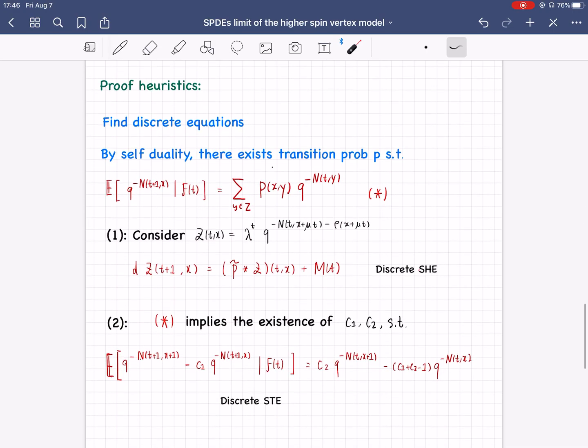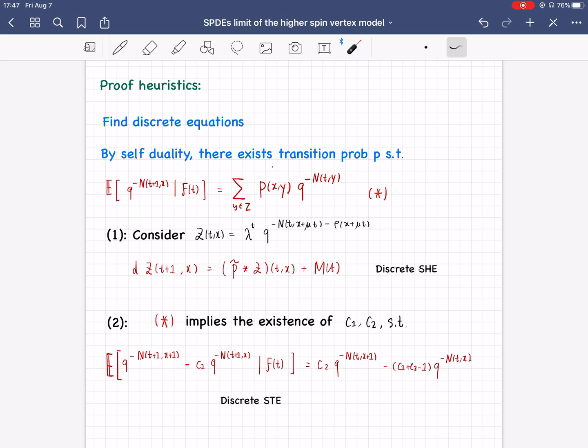Finally, let us talk about the proof heuristic. How do we get the SPDE limit from microscopic systems? In general, you need to find some discrete analog of it. And these discrete equations usually come from the algebraic or integrable property of our model lying behind.